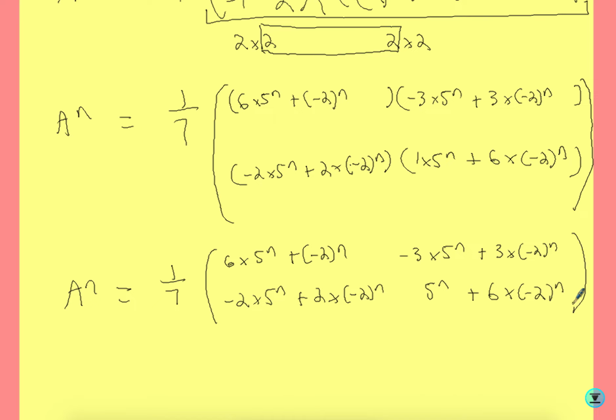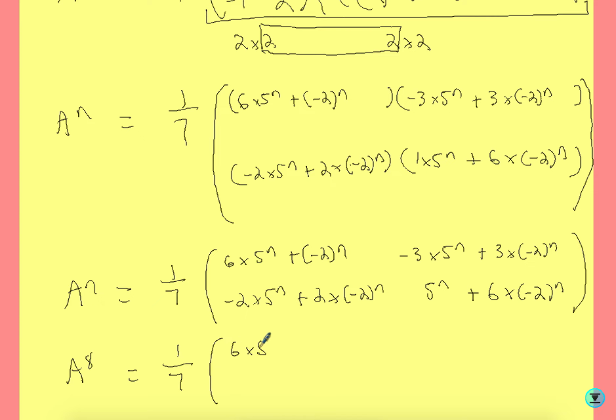And that's me done. So that's A to the power of n can be written exactly like that. But what I wanted to know was what's A to the power of 8. So all I'm going to do is swap all my n's for 8 and then type it into a calculator.